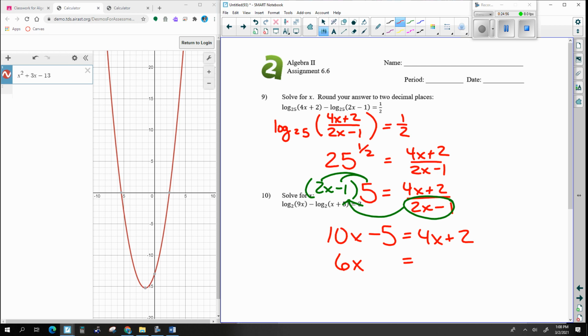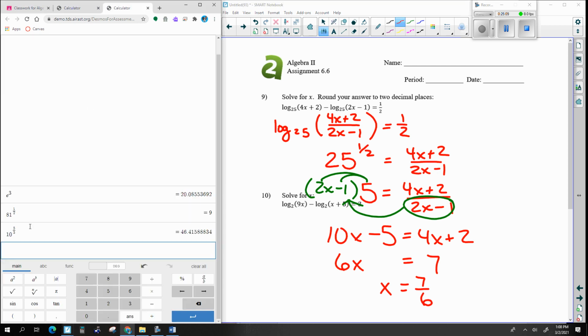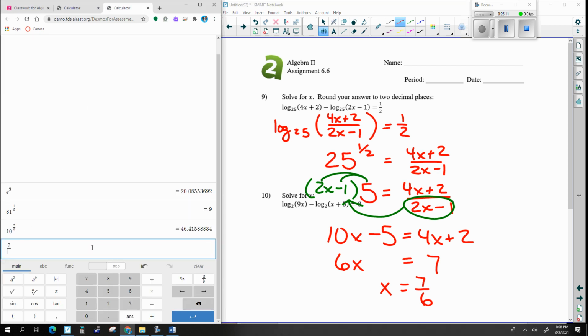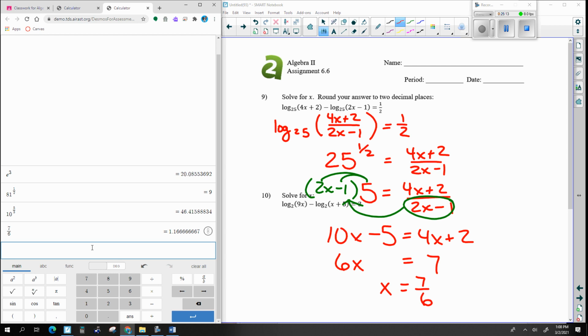And then I'll add 5, so that turns that into 7. X is equal to 7 over 6. Round your answer to 2 decimal places. Different calculator for that. 7/6 is 1.17.